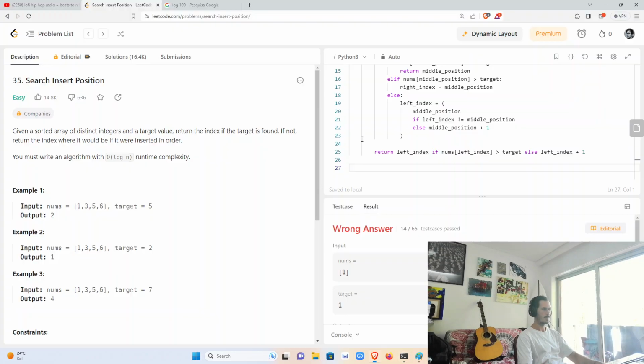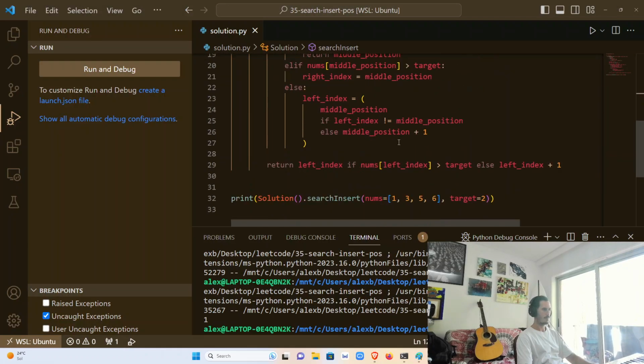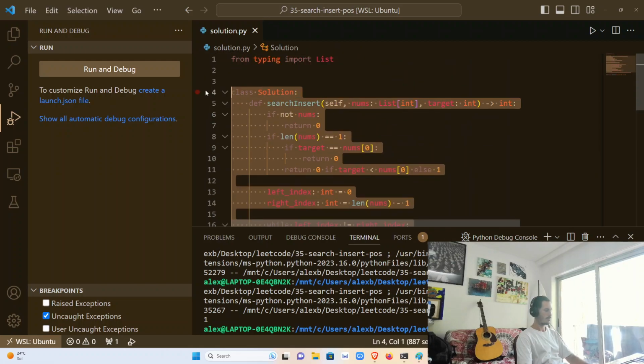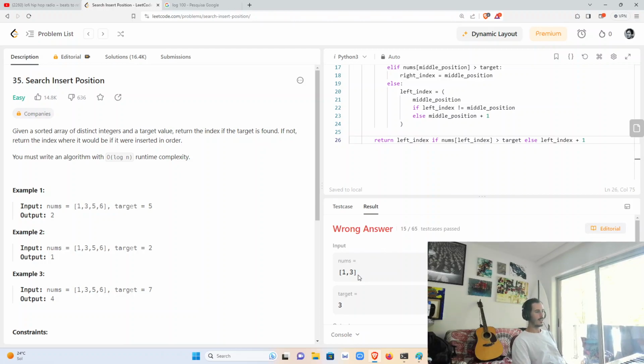Yes. Always the edge cases. Ah, 2. But it should be the same.